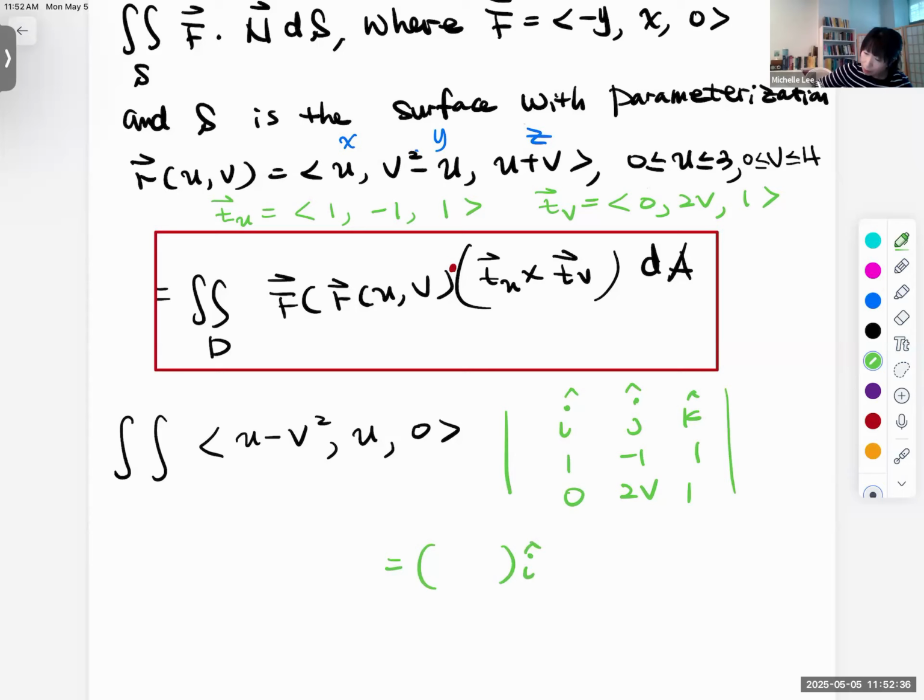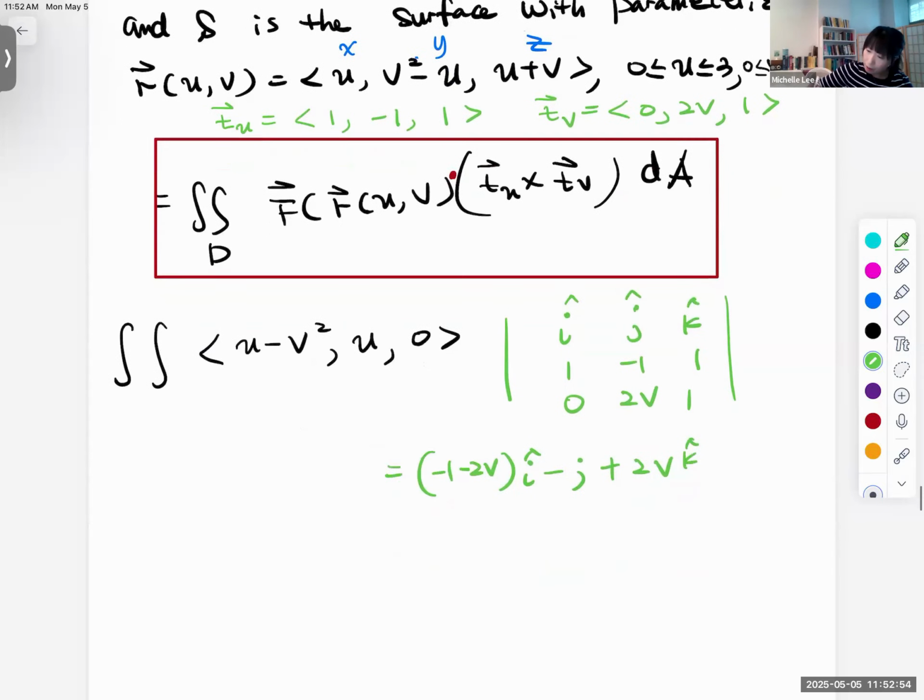We get negative 1 minus 2v for i, for j we get 1 minus 0, so it's negative j, and for k we get 2v.